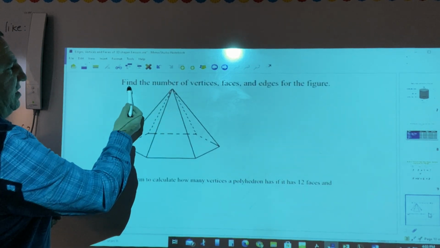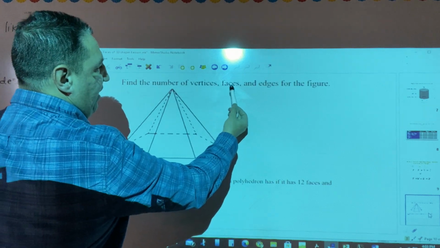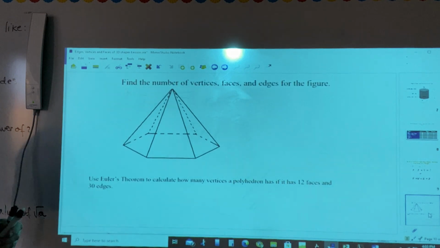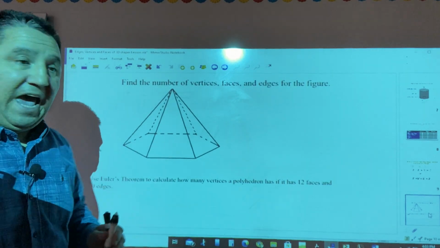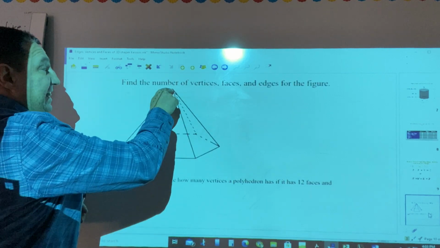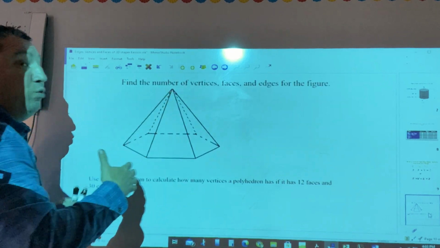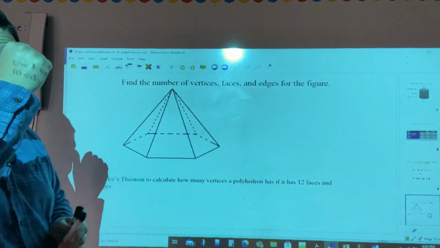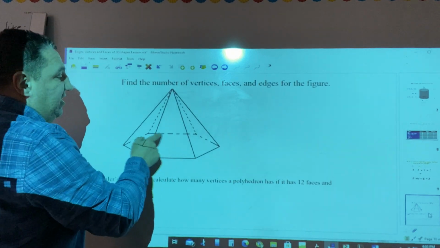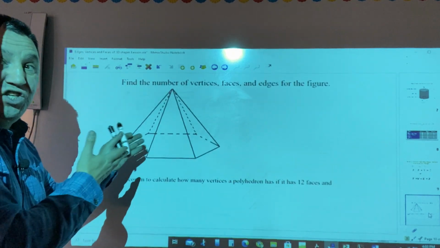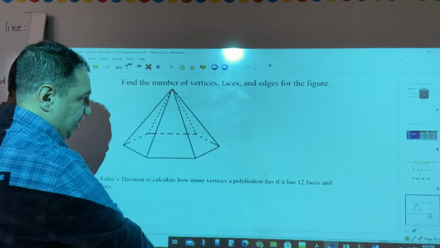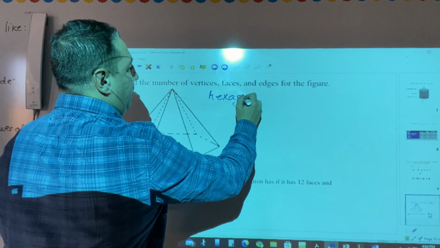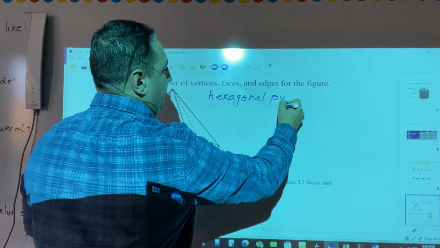For this problem, it says find the number of vertices, faces, and edges for the figure. As we can see, this solid has only one base. The other base is reducing to a point, which means this solid is a pyramid. The name of the pyramid is given by the name of its base, which is a hexagon. So we deal with a hexagonal pyramid.